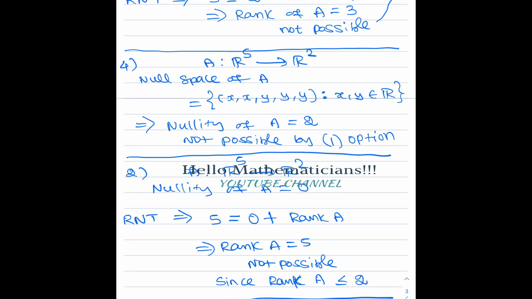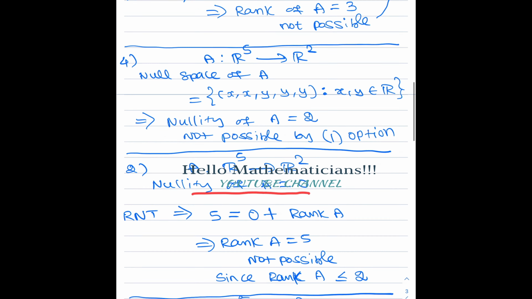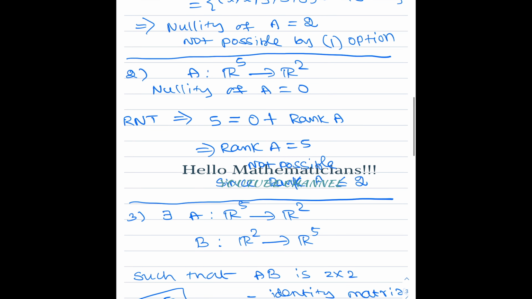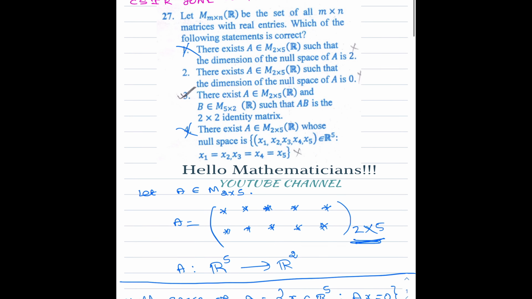Suppose there is a linear transformation from R power 5 to R2, nullity of A is 0. But again we substitute it in the rank nullity theorem, we get 5 equal to nullity 0 plus rank A, we get rank of A equal to 5 from this equation, which is not possible since we know rank is bounded by the dimension of the codomain. Therefore, since it is a part B question, only one option has to be correct, option 3 is correct as marked in this problem.